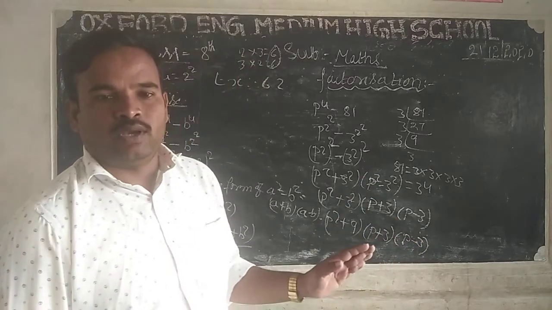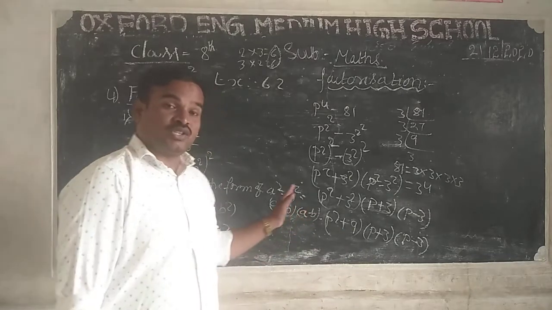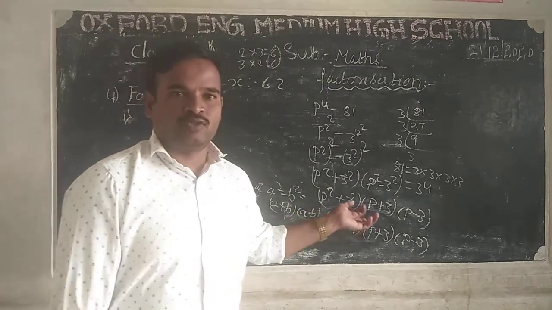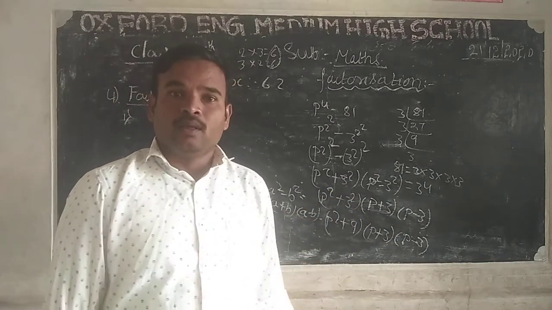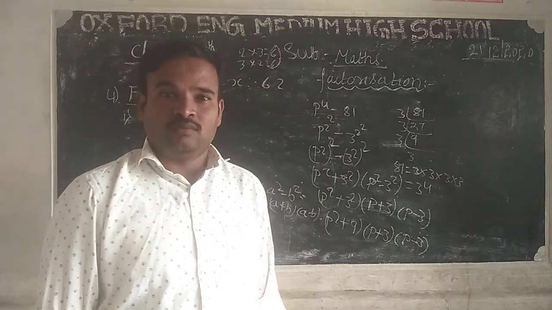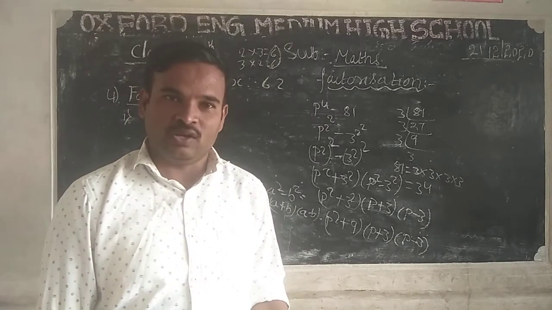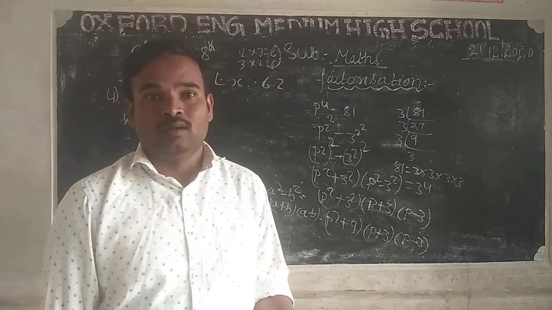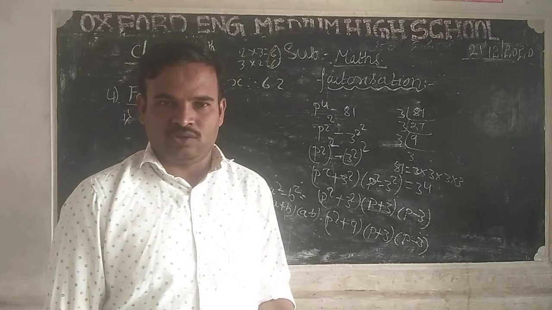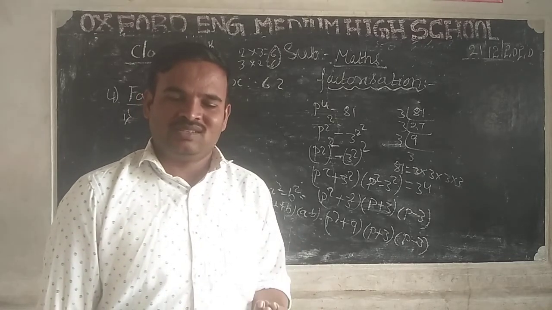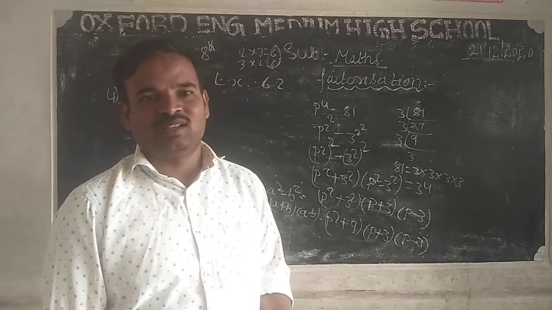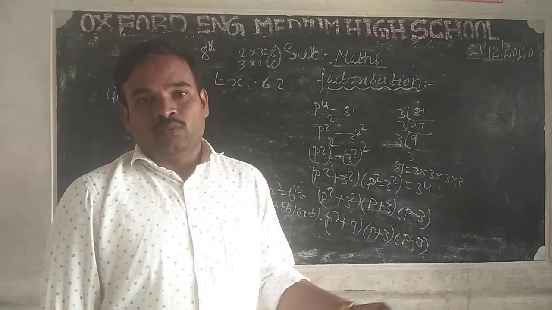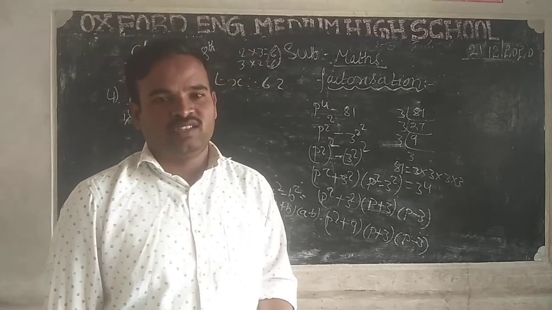We covered all three identities and solved some complex, critical sums too. Otherwise, if you have any doubts, please send them back to your WhatsApp group and contact your concerned teacher. Please do the remaining sums yourself as homework, and when you have any doubts, contact her.